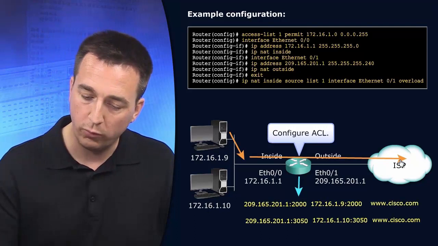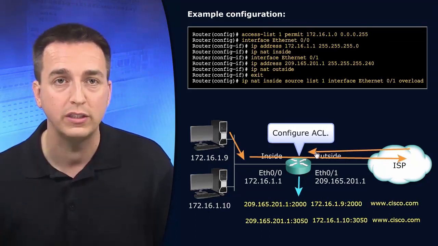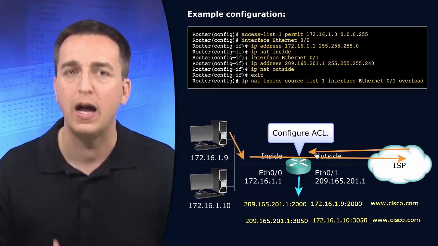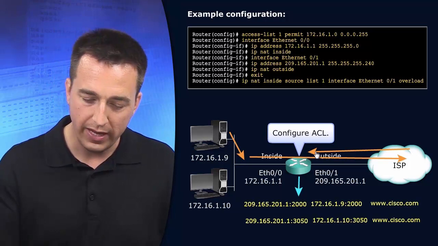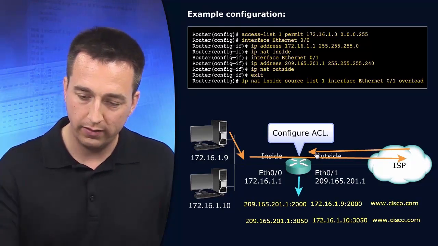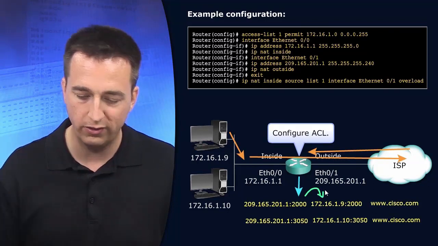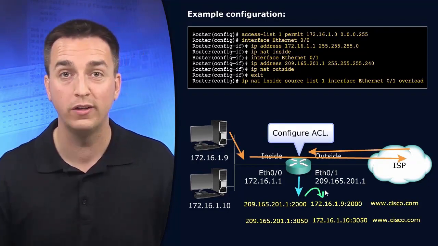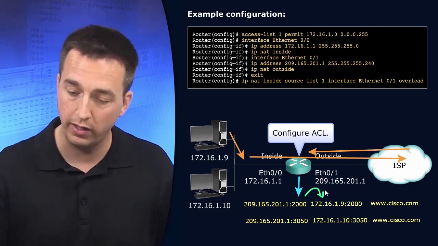When that traffic returns from the server, the destination address is 209.165.201.1, port 2000. The router then consults its table and says, well, that has to go to 172.16.1.9 at port 2000. And so then it sends it to 172.16.1.9.